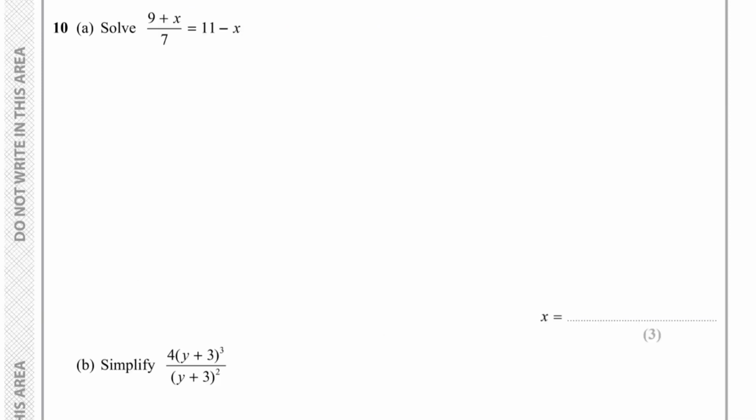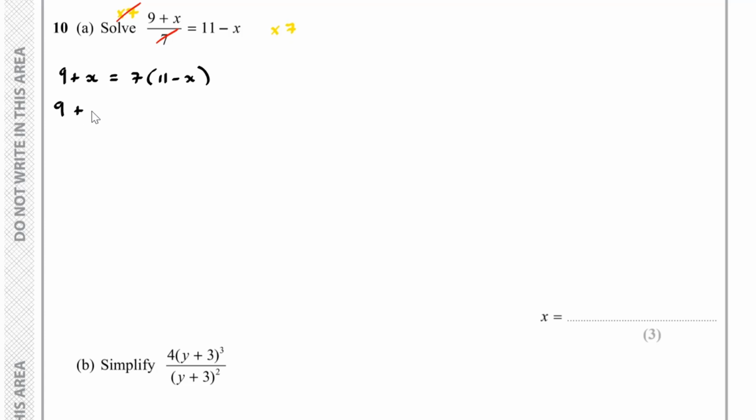Question number 10, we have to solve (9 plus x) over 7 equaling 11 minus x. So to do this question, what we need to do is first of all multiply both sides by 7. So I'm going to times this side by 7 and this side by 7. So that 7 cancels with that. So we have 9 plus x on the left hand side, and on the other side we've got 7 lots of 11 minus x.